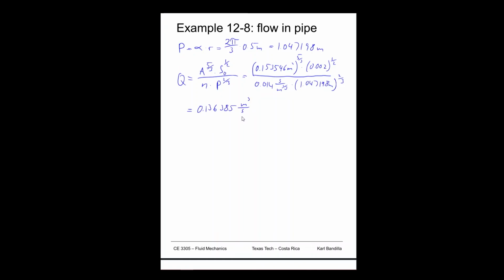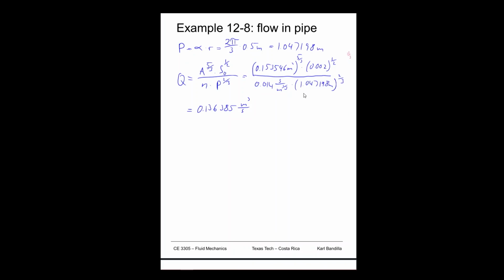cubic meters per second. Let's see if that makes sense. Our seconds are right here, so that's good. Now our meters. What do we get? Up here we get 10/3, plus 1/3 will be 11/3.